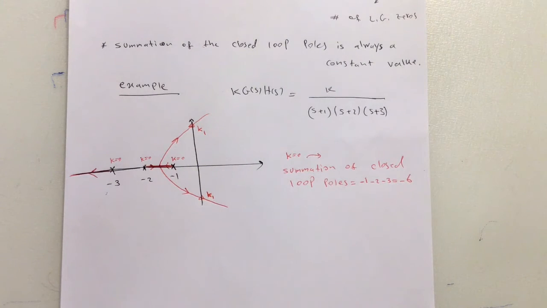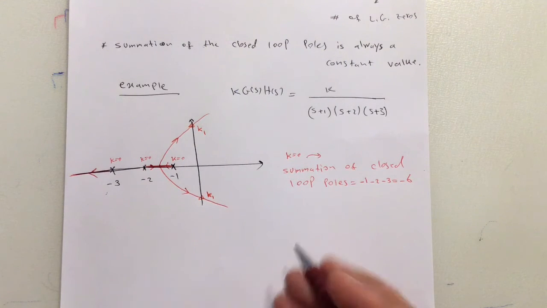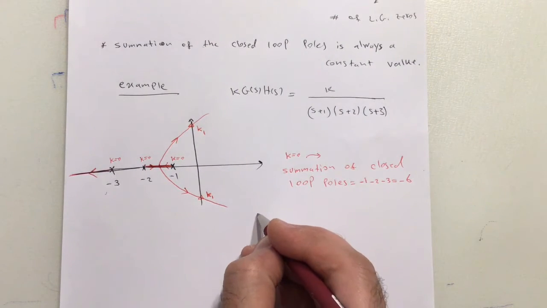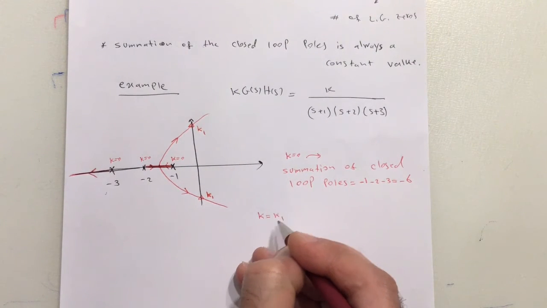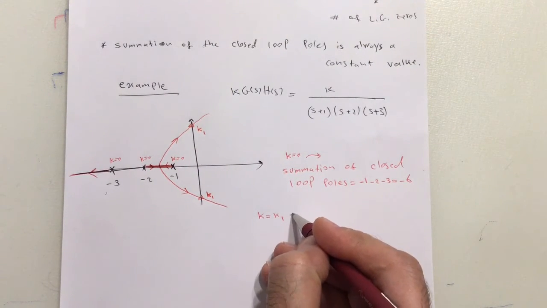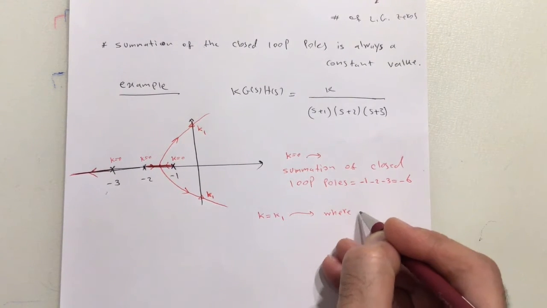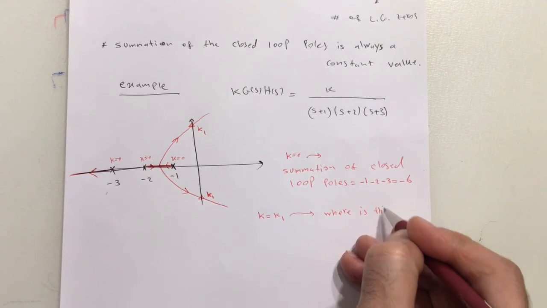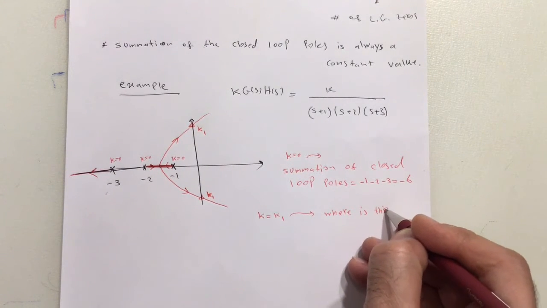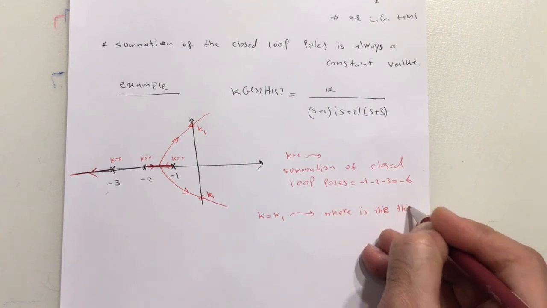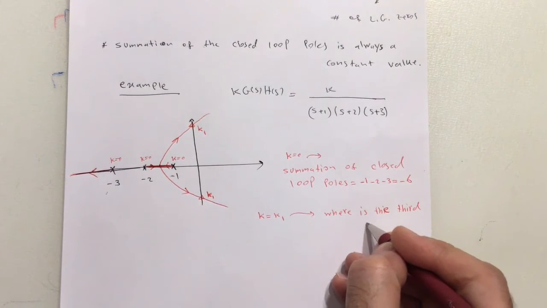But can we specify, for k equal to k1, where the third pole is? So if k is equal to k1, then the question is, where is the third pole?